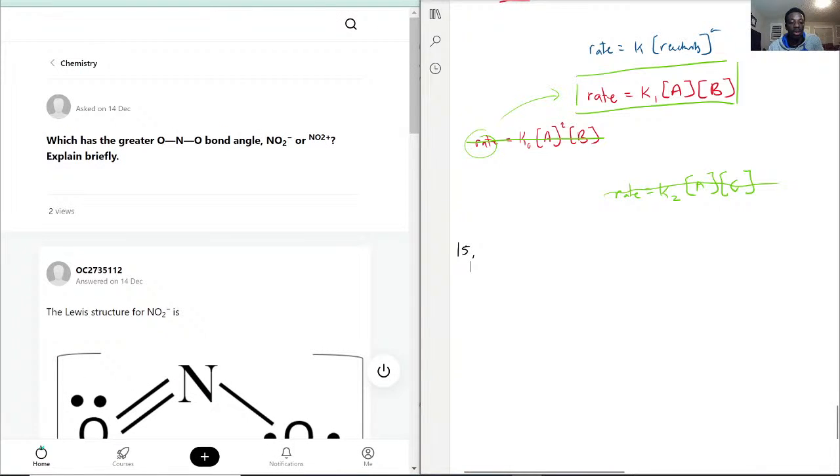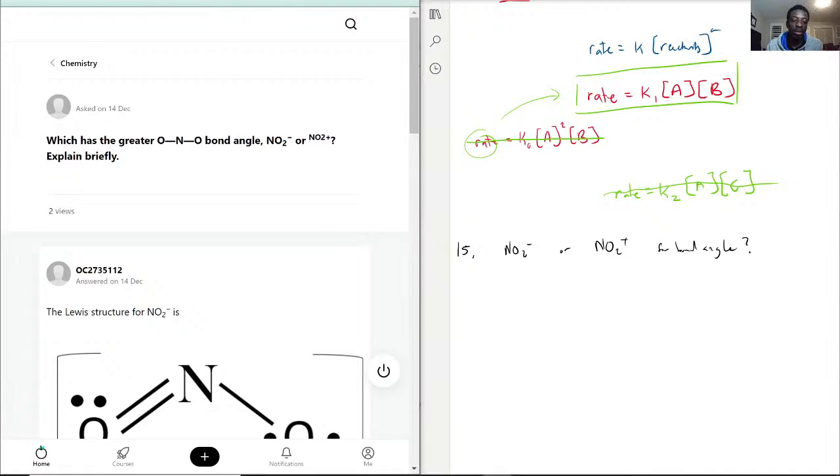Okay, which has a greater O-N-O bond angle, NO2 minus or NO2 plus? So with that being said, we need to first figure out what the Lewis structure for these would be.